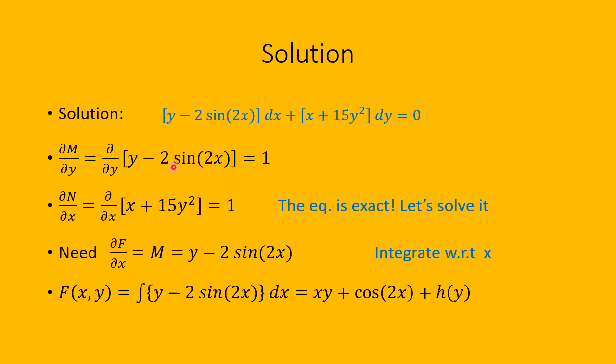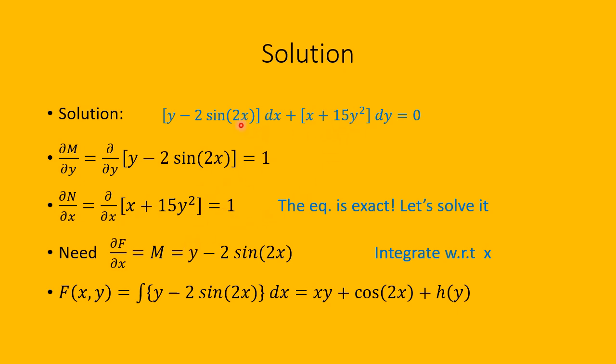These are continuous functions in a region, so the differential equation is exact. So let's solve that exact differential equation. We're trying to find a function f of x, y such that the partial of f with respect to x equals M, and the partial of f with respect to y equals N.